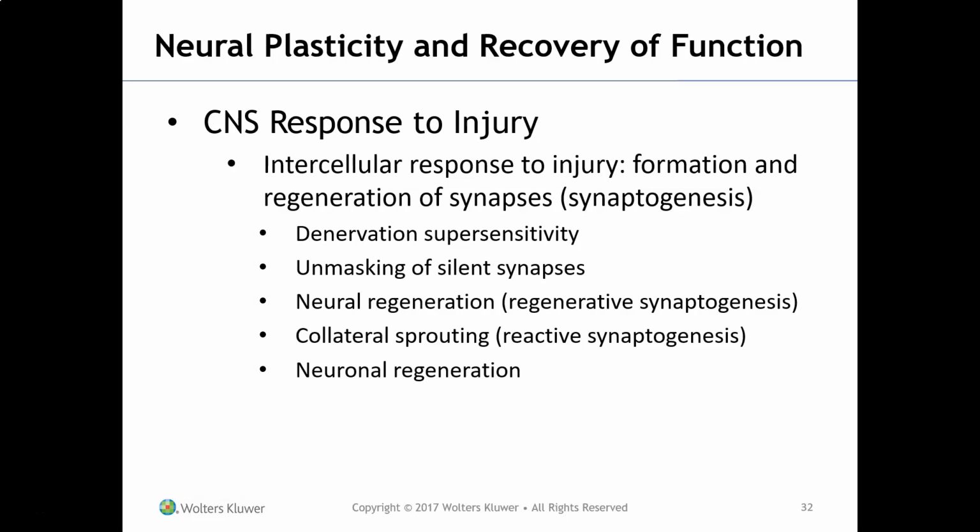Now, how does the central nervous system respond to injury? Let's say you had an injury in the central nervous system. Well, you get intracellular responses to injury. You get formation and regeneration of synapses, denervation supersensitivity. You get unmasking of silent synapses. You get some neural regeneration. They're going to try regenerative synaptogenesis. You get collateral sprouting, reactive synaptogenesis, and neural regeneration.